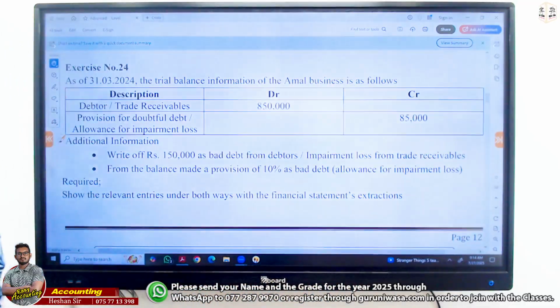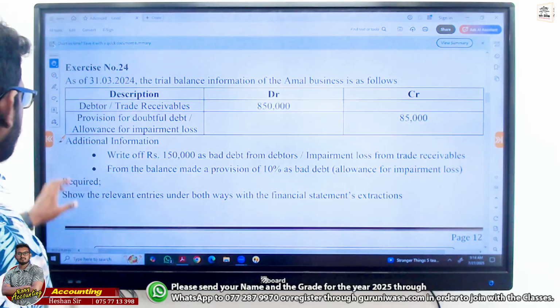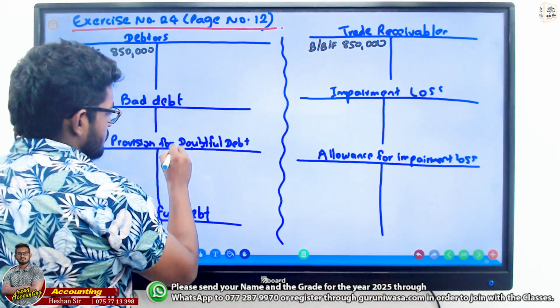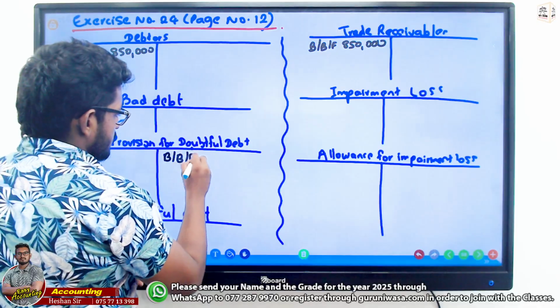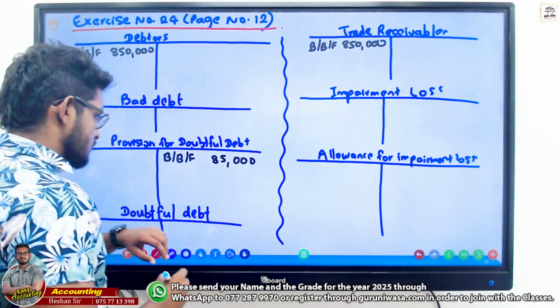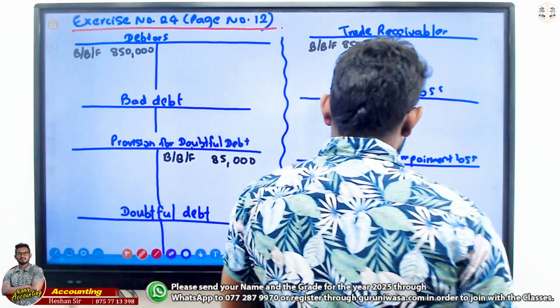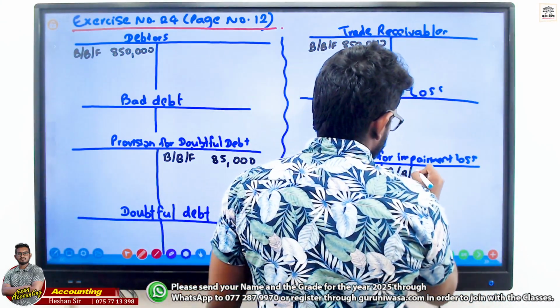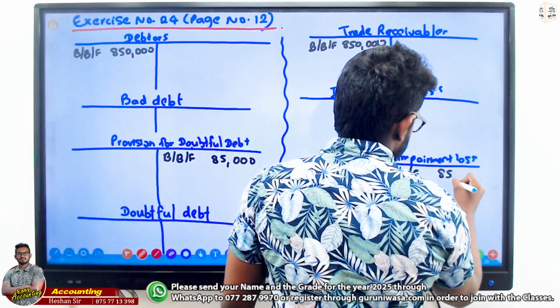Next one, provision for doubtful debt 85,000. Balance brought forward 85,000. Balance brought forward 85,000.